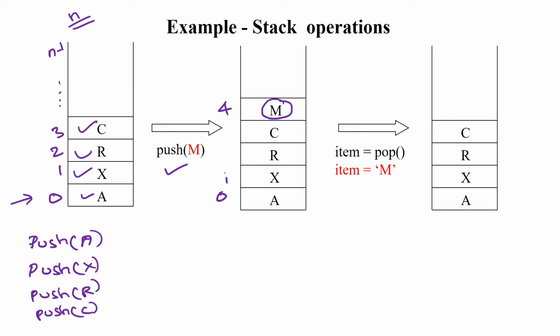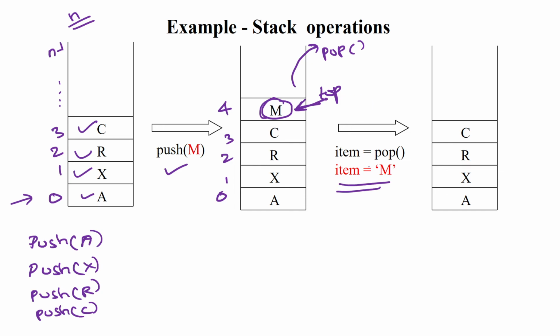Then when I call the pop method, automatically the element from the top of the stack will be removed. M is the top element, which is removed from the stack.